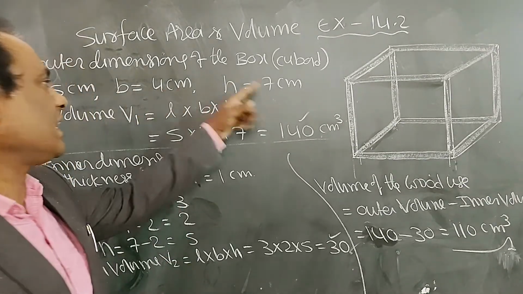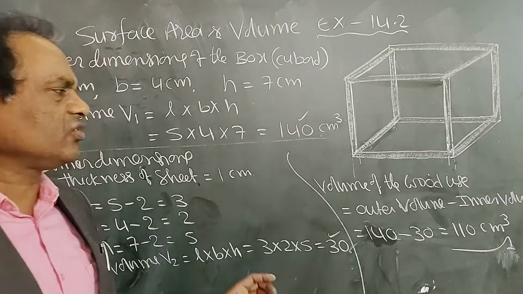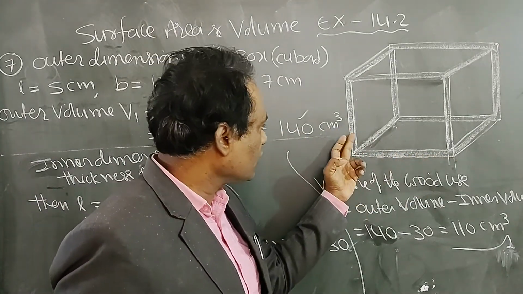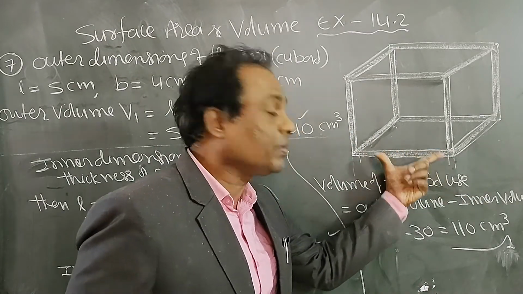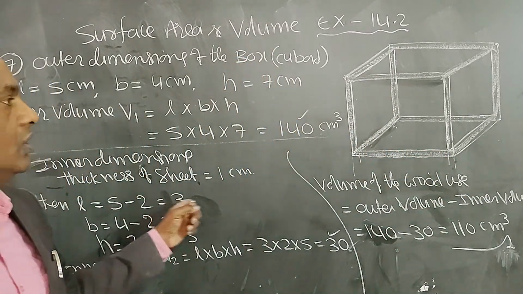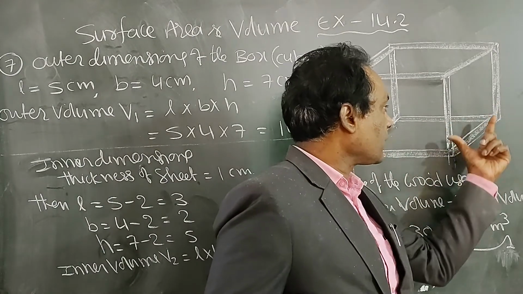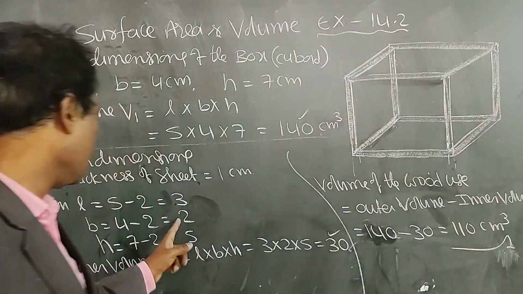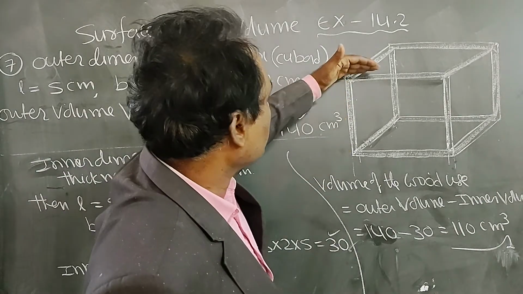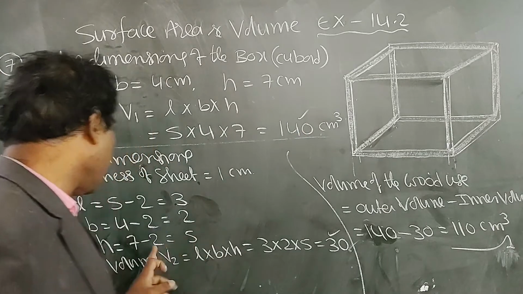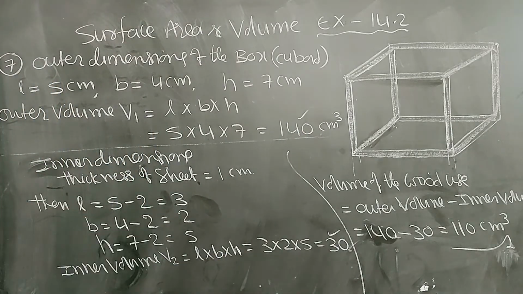Outer dimensions directly given, you know the formula, but inner dimensions, little confusion. So total is 5 means this is 1, this is 1, so remaining will be 3. Total is 4 means this is 1, this is 1, 2 subtracted, remaining is 2. Total is 7, 7 minus 2 is 5.